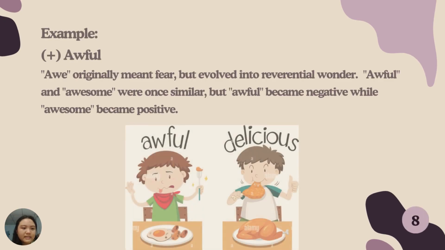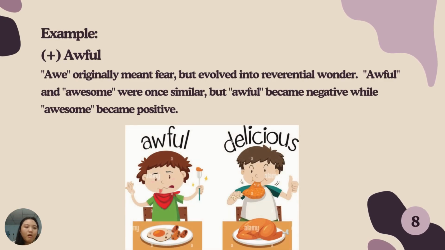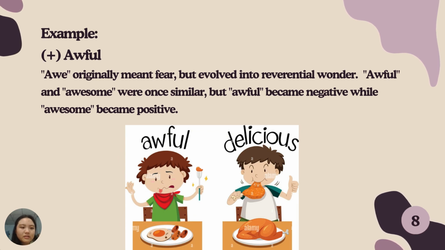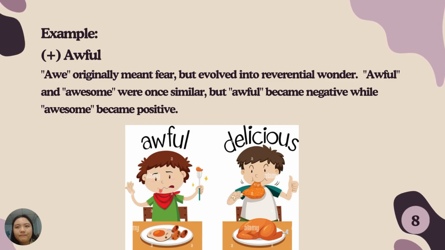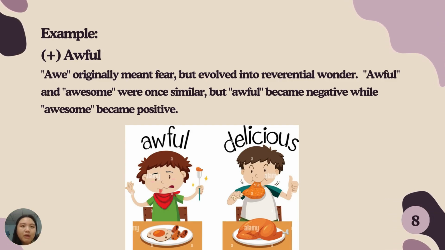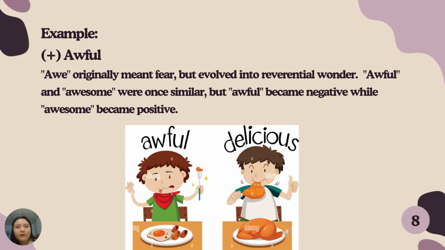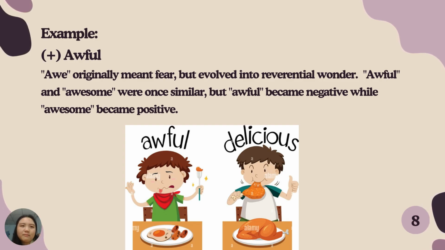The last example here is the word awful. In Old English, awe denoted fear, terror, or dread. Over time, it transformed into a profound or reverential wonder, with awful and awesome initially being synonymous in their awe-inspiring nature.